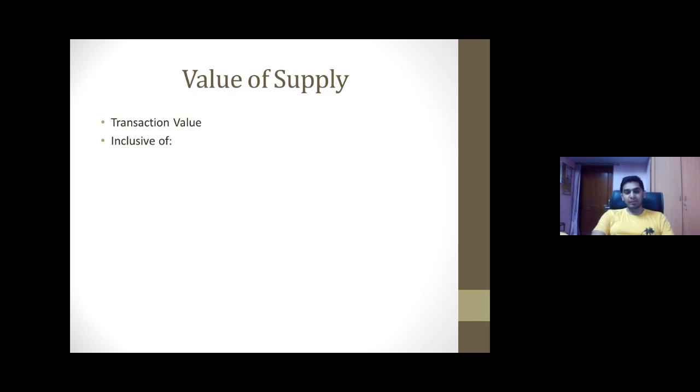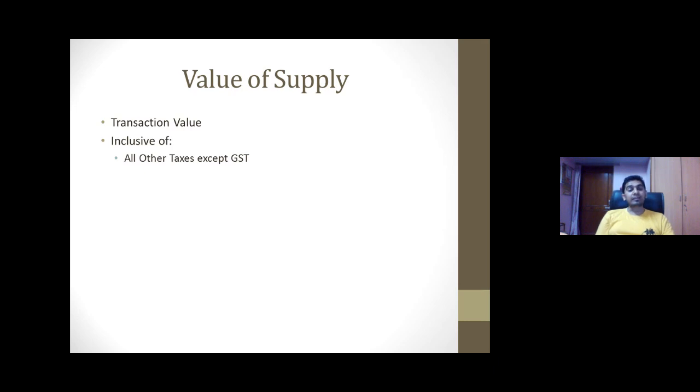So what are the things that should be included in the transaction value, or the value of supply? Number one, all taxes except GST. For example, I have purchased a 100 rupees biscuit on which there is some local tax applied by the municipality, maybe 10 rupees.